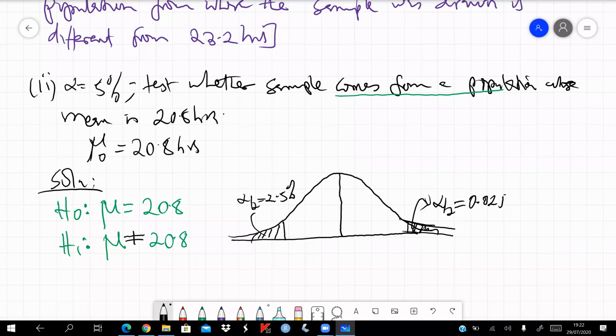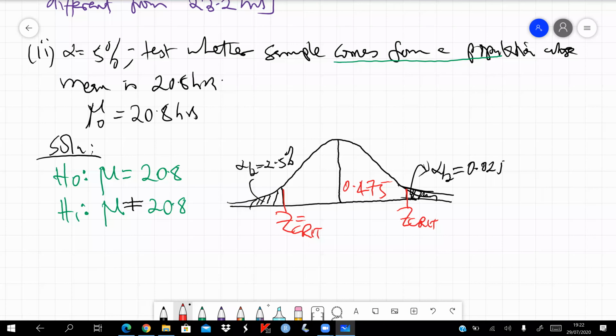So we need to get our Z critical here, Z crit, and here also Z crit. So this will be 0.475. From your tables, this is the most famous critical value of Z. So Z crit is plus minus 1.96 from the table.